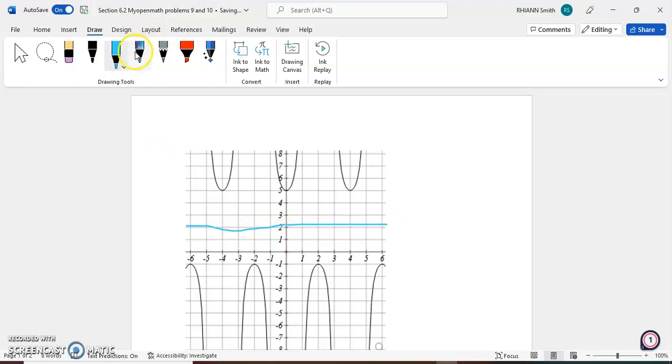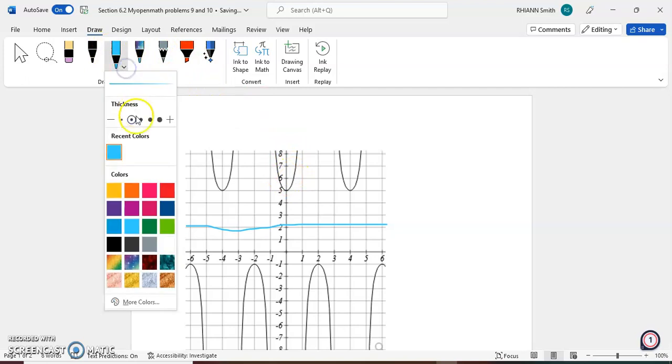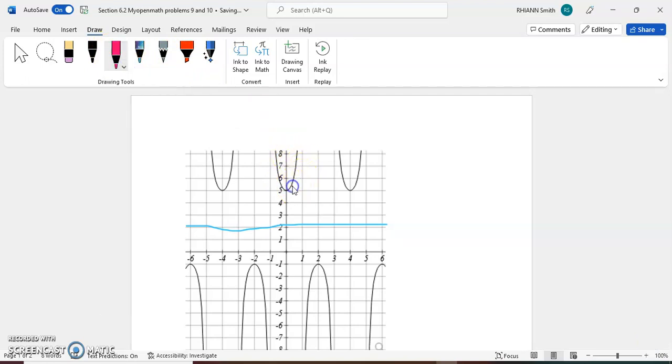And from there, we already know how to get the altitude from the midline. 1, 2, 3. And then from this midline, of course, 1, 2, 3. So our altitude is going to be 3.